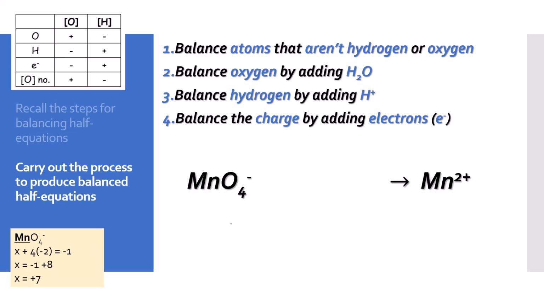The box on the left hand side gives you an idea that the oxidation number for manganese, given as X, is equal to +7 after you have totaled out the charge number. So it is +7 on the left and +2 on the right. The change of the oxidation number shows a decrease from +7 to +2.